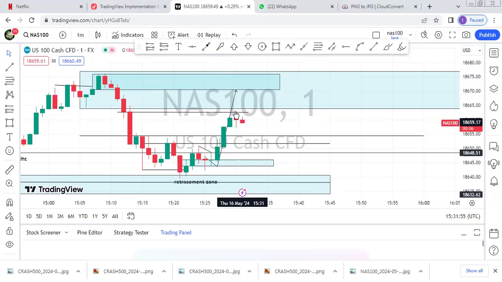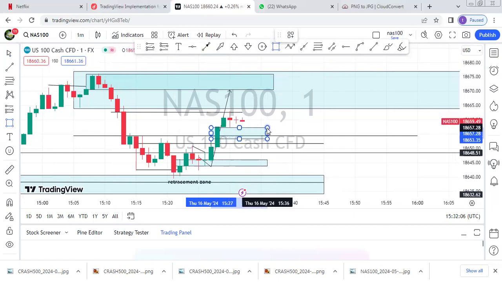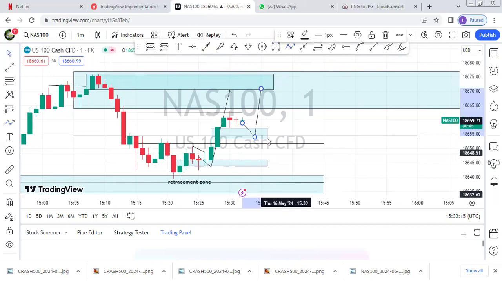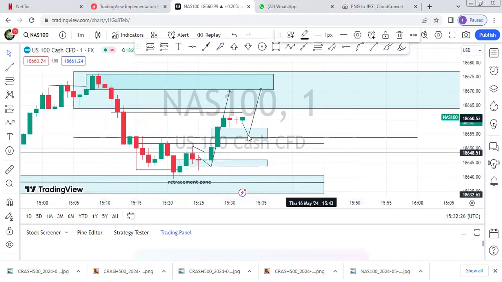So we watch this market maybe come to this level where there was a little bit of this. We expect the market to come to this level, to close this level before it comes there. So we expect the market to push to this level.